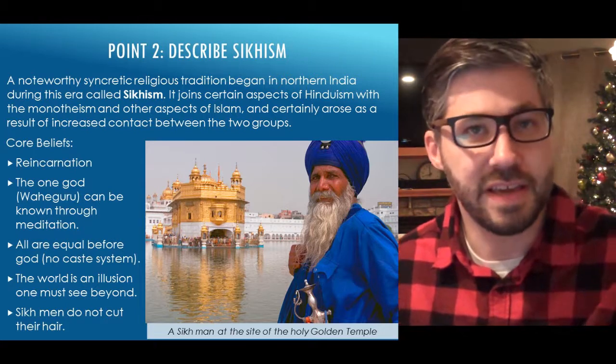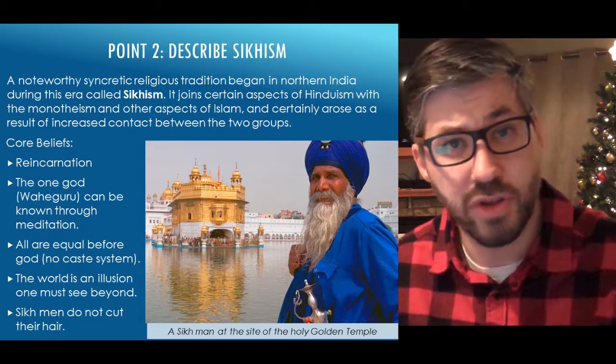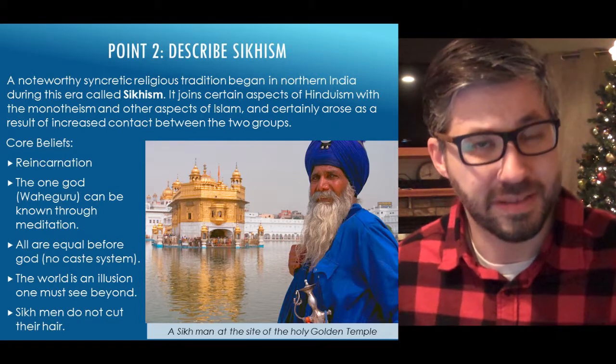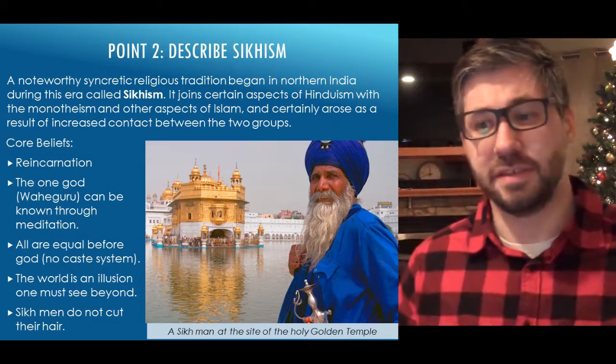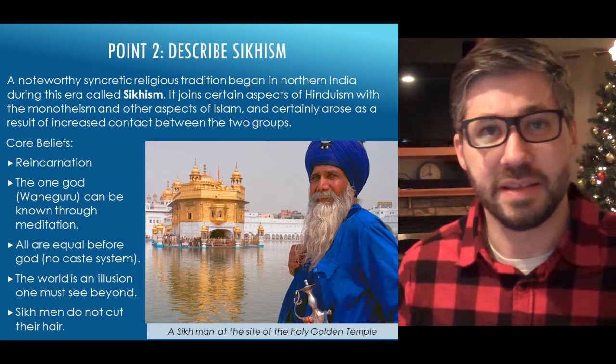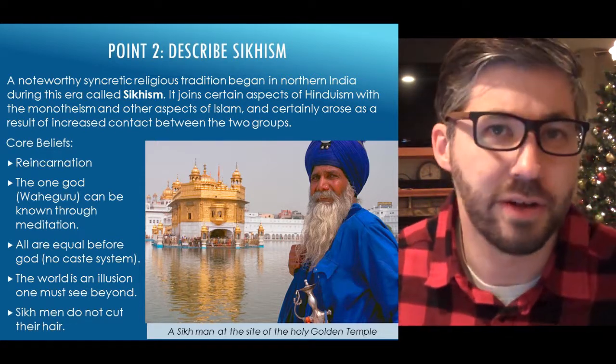The biggest thing that Sikhism took from Islam is a rigid monotheism and an egalitarianism that rejects the caste system. A lot of the other ideas come from Hinduism. It incorporates the idea of reincarnation.